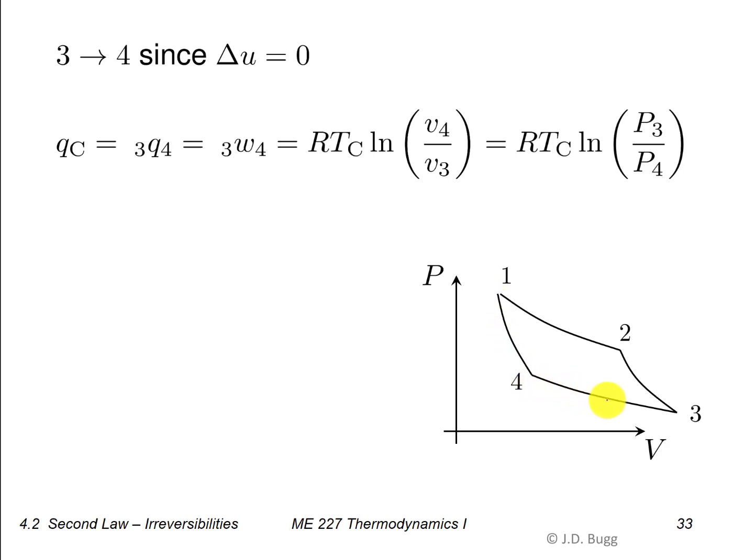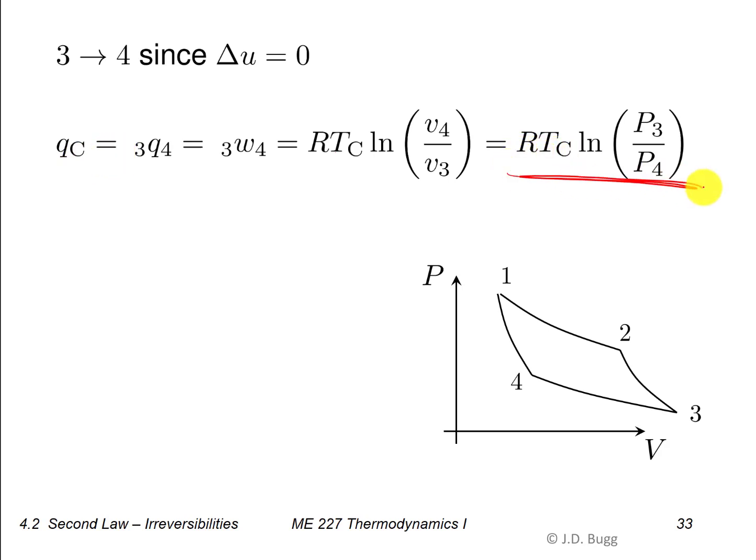And heat's being transferred to the cold reservoir here. So QC is equal to Q34. And again, because it's constant temperature, there's no change in internal energy, so Q is equal to W. And because it's constant temperature, the work is RT times the log of the volume ratio, which again can be converted into a pressure ratio. So QC is equal to that.